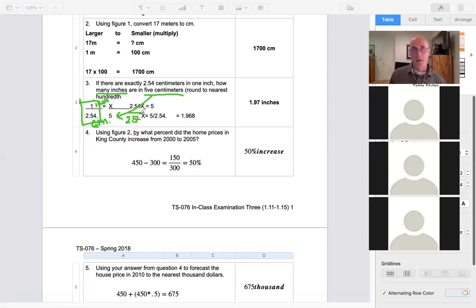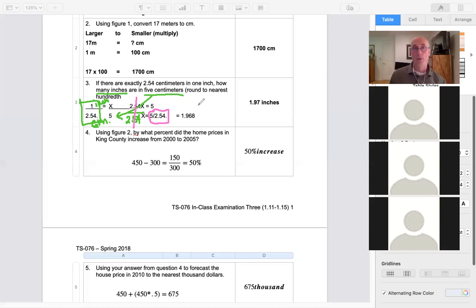That cancels out the 2.54s and you just have x. But whatever you did to the left side of the equal sign, you have to do the same thing to the right. This is 5 divided by 2.54, which you can punch in your calculator and you'll get 1.968.